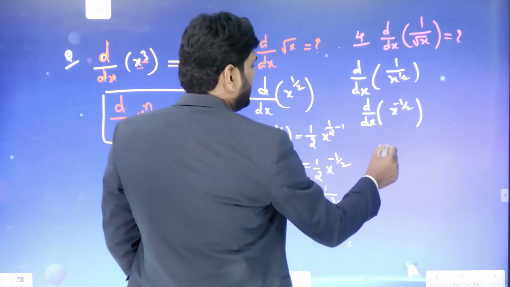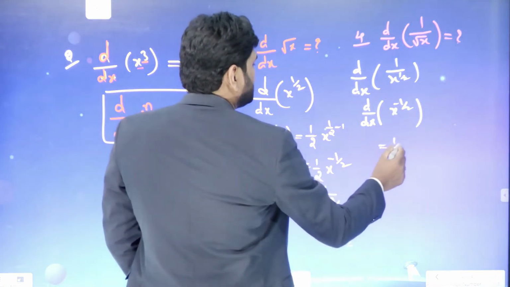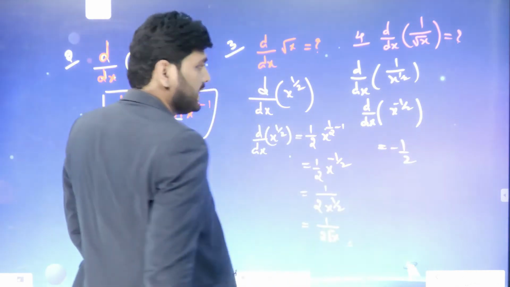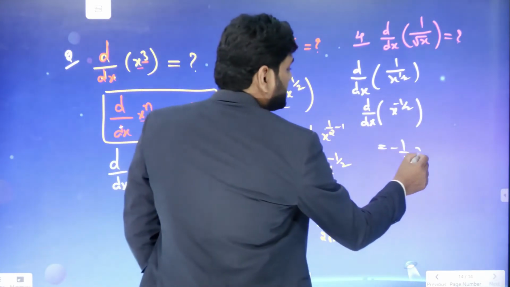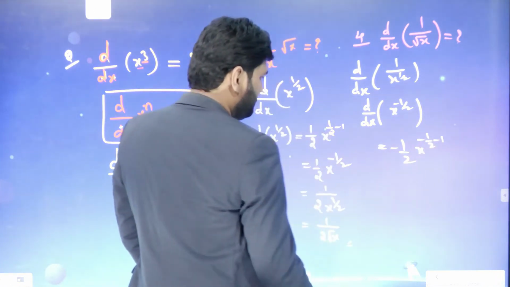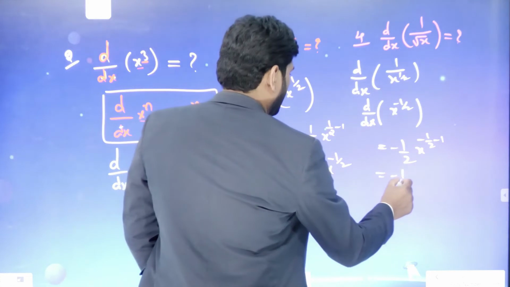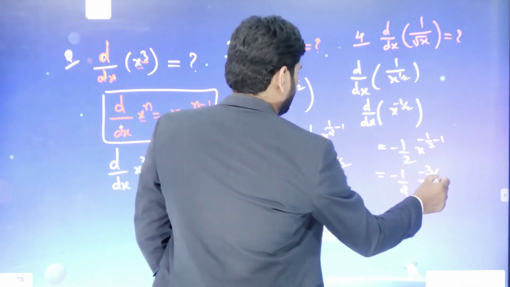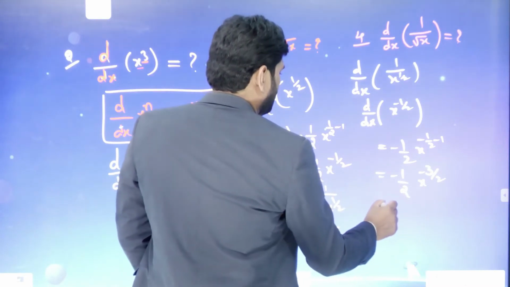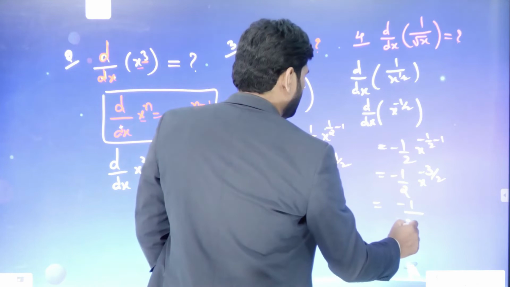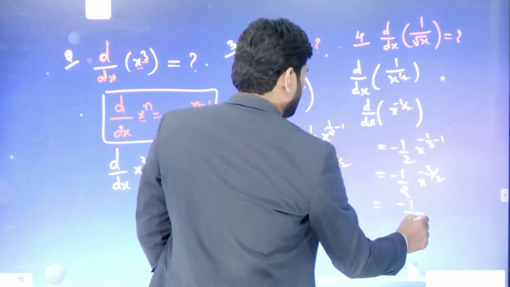Then you can apply here minus 1 by 2, because the power is minus 1 by 2, x power minus 1 by 2 minus 1. Finally minus 1 by 2 x power minus 3 by 2. This you can write as minus 1 by 2 x power 3 by 2.